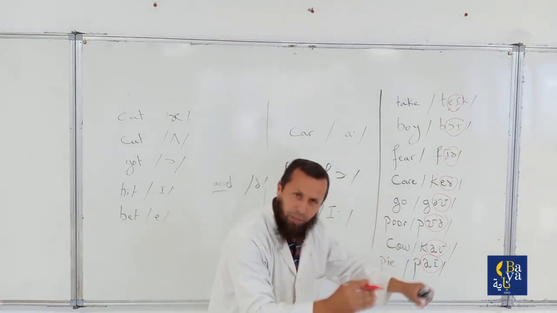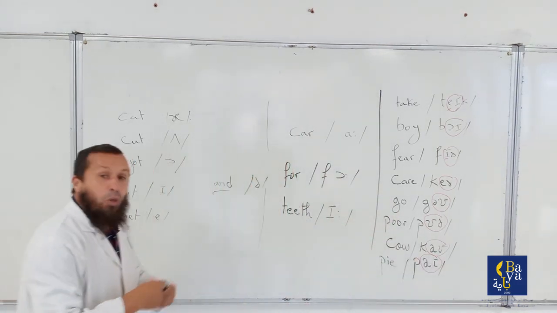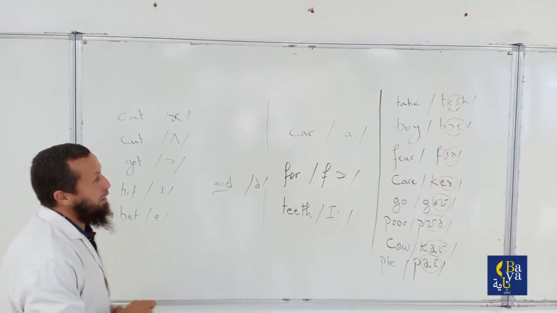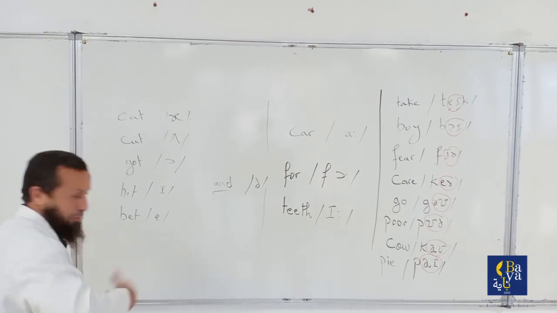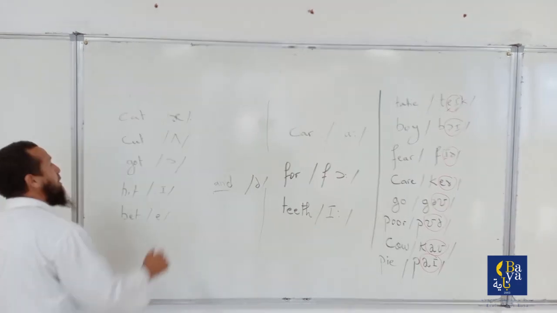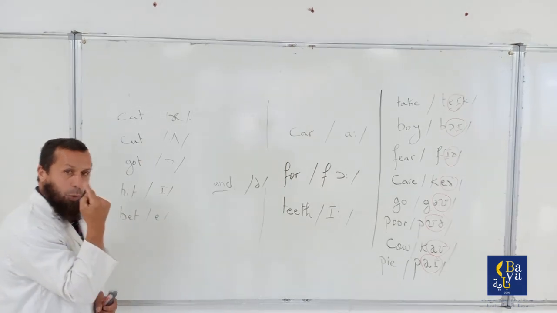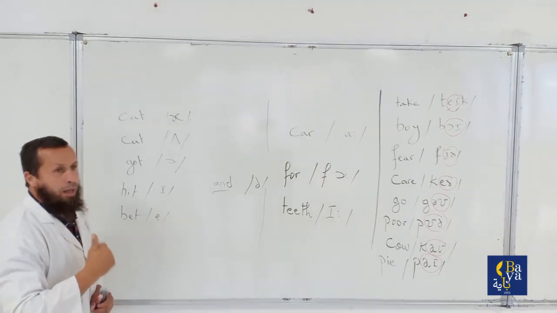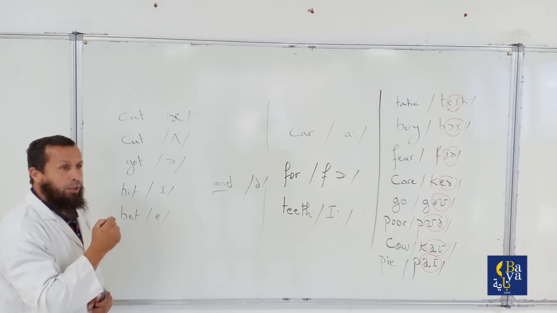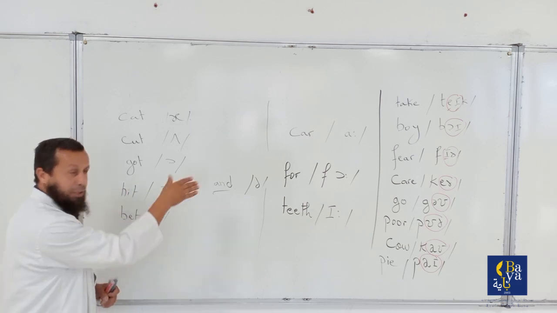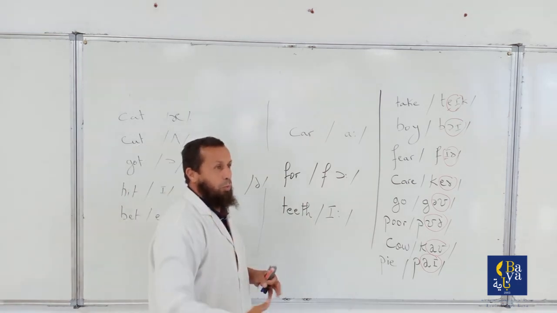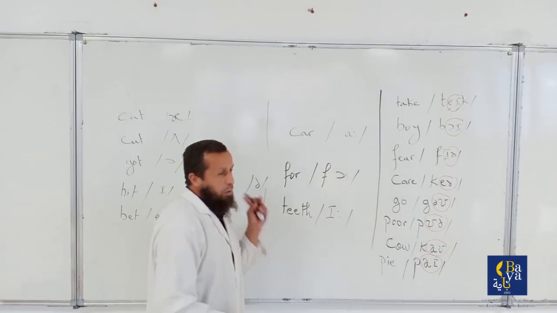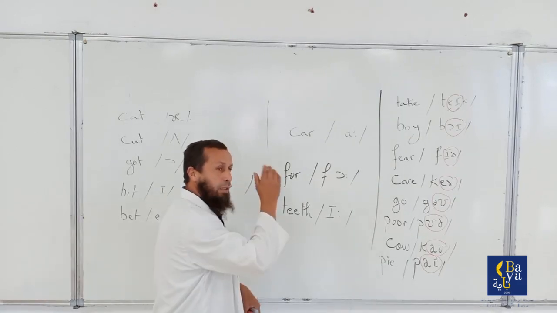These are diphthongs. So we are working from a single short vowel, then we make them longer, and so on.